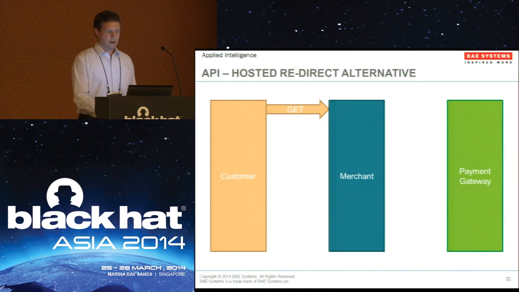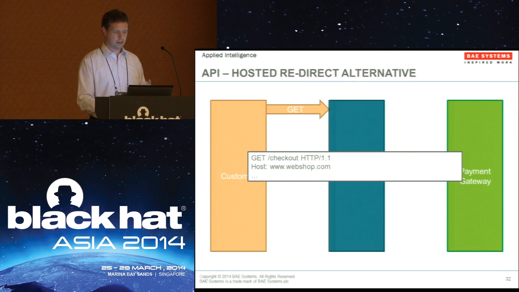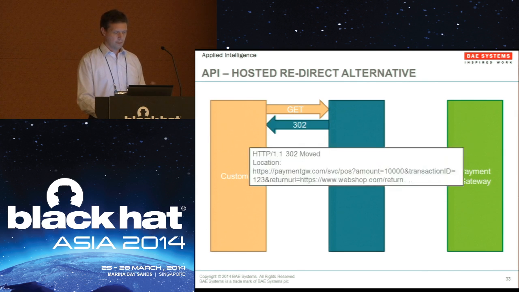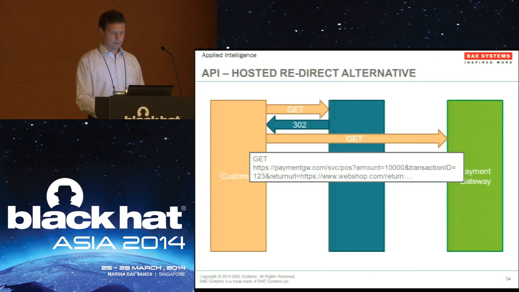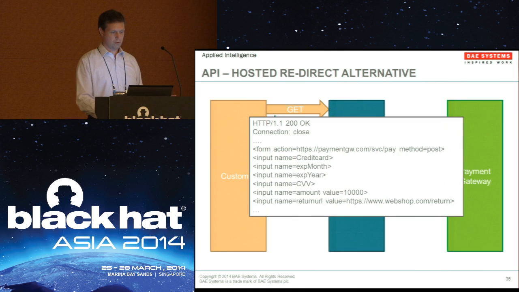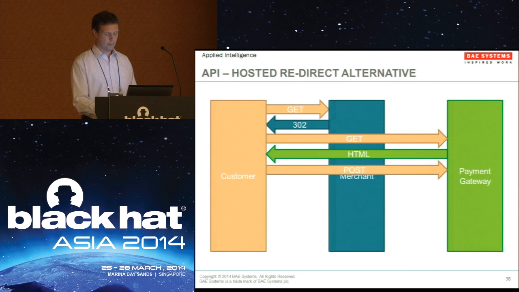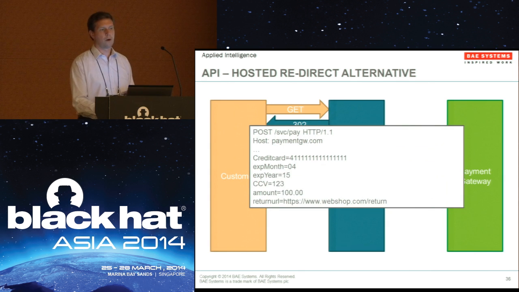There's also an alternative which some people believe offers more security, which is essentially the same thing. You go to the checkout page, redirect back to the merchant gateway, and the merchant gateway sends you a form. You post credit card details directly to the payment gateway, but instead of the payment gateway redirecting you back to the merchant with the details, it makes a post request directly to a hidden URL that supposedly only the merchant and the payment gateway know.